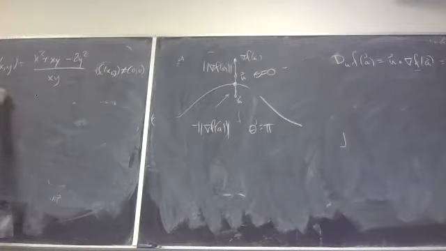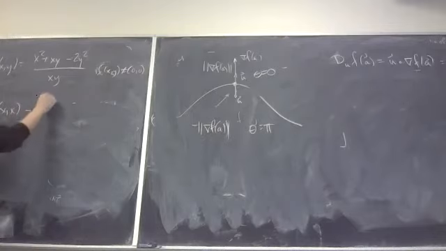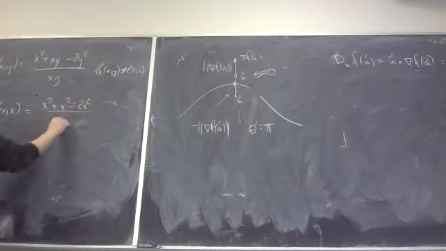So if x is equal to y, we're looking at the function f(x,x). The x value is x and the y value is x, because y is equal to x. You do that restriction and you end up with (x squared plus x squared minus 2x squared) over x squared, which is 0.